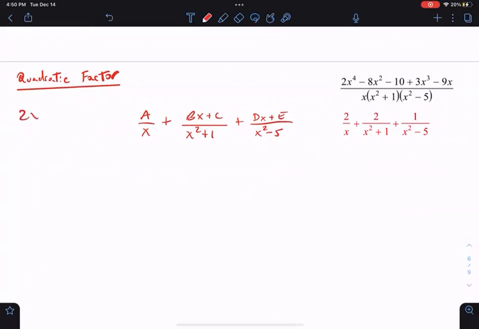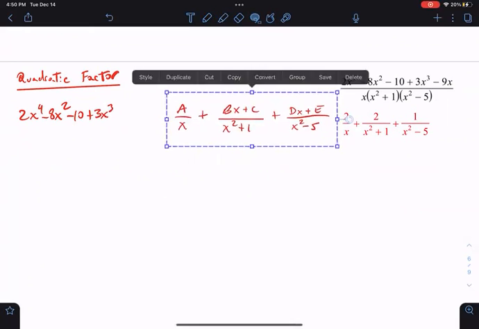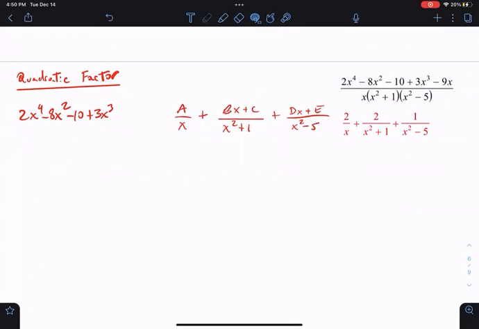Which is the 2x squared minus ax squared minus 10 plus 3x cubed. Let me move this a little bit. And then we have, what is the other thing? Minus 9x. So 2x squared minus ax minus 10 plus 3x cubed minus 9x divided by x squared plus 1, x squared minus 5, and this is equal to that. If you multiply both sides by whatever we just found, right?